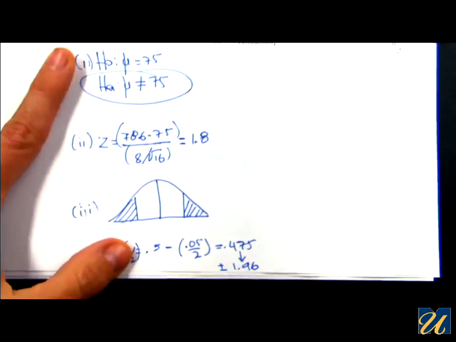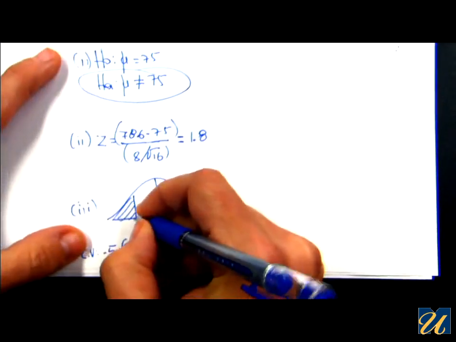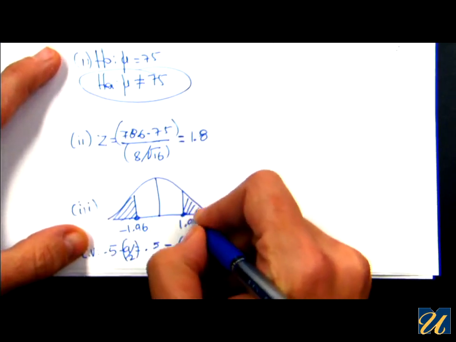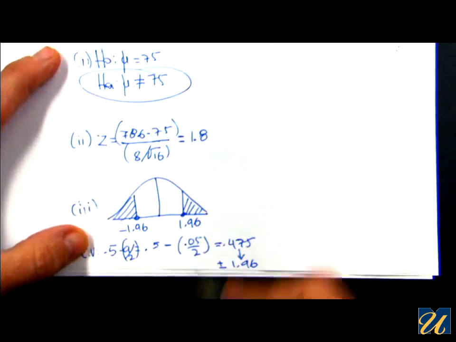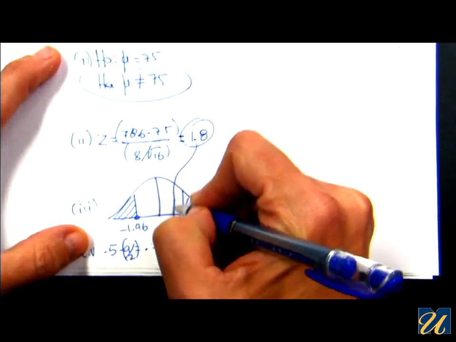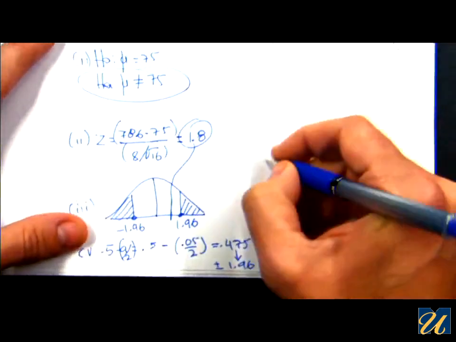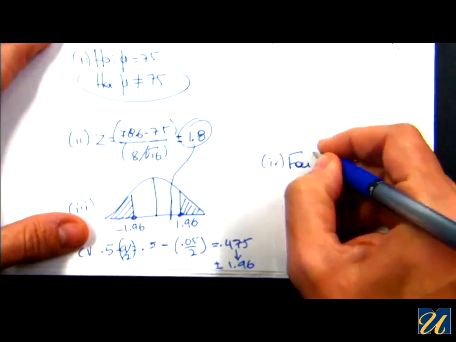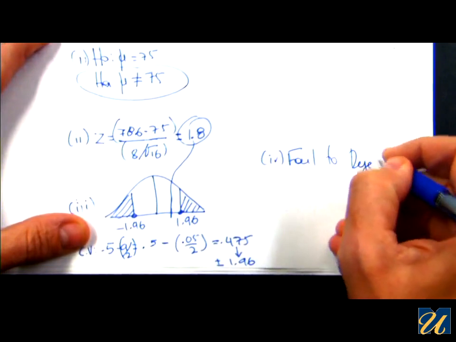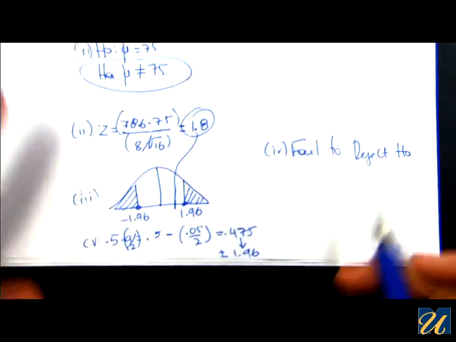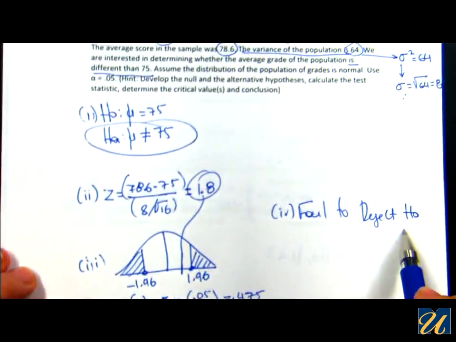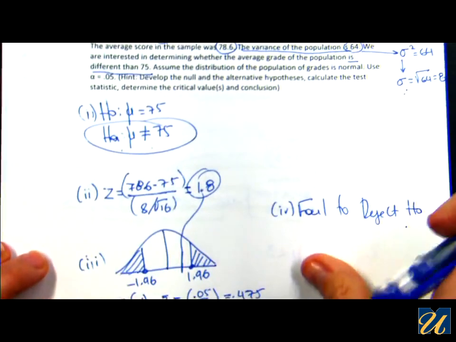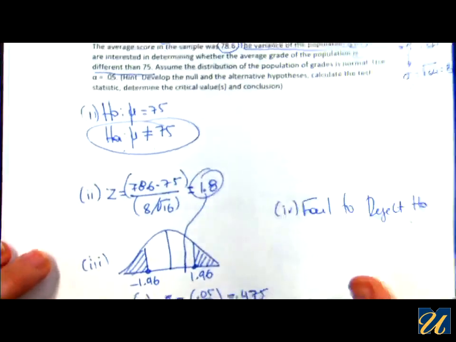So the critical values will be plus minus: negative 1.96 and positive 1.96. 1.8 falls outside the rejection area. Therefore, your conclusion will be that we fail to reject H0. Fail to reject H0 means that we do not have sufficient evidence to support the alternative hypothesis, which means mu different than 75.